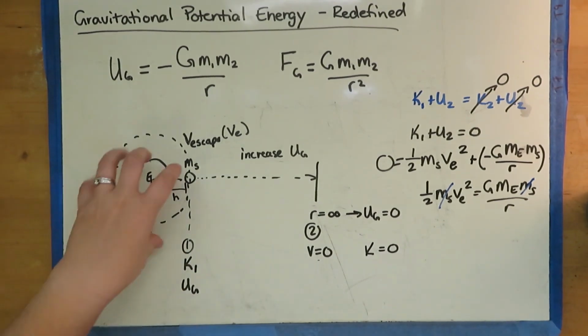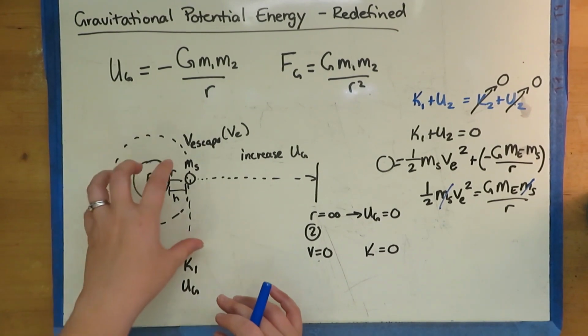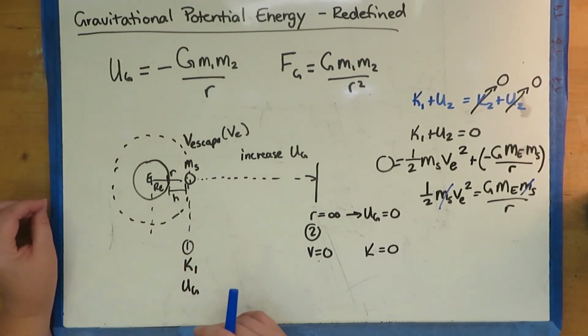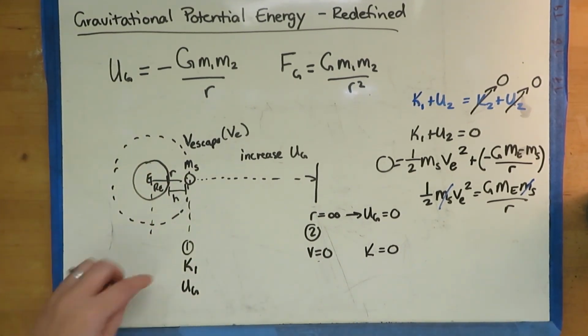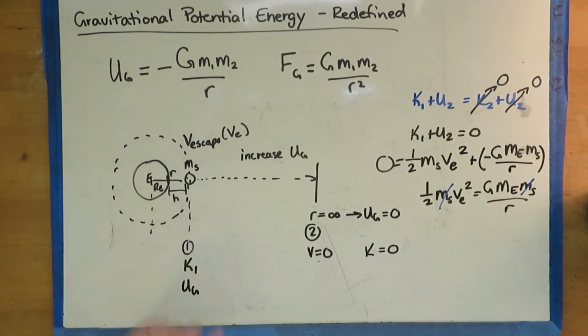So as long as I'm in an ideal situation where my satellite is not within an atmosphere, so there's no other drag forces going on, if I am actually in a pure vacuum, then the mass of the object doesn't matter. Now when I'm launching objects into space, obviously you're within an atmosphere, and if you're launching them from the surface of the Earth, then you're going to have a very large atmosphere to deal with.